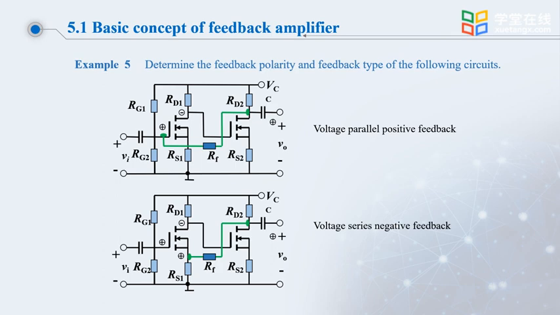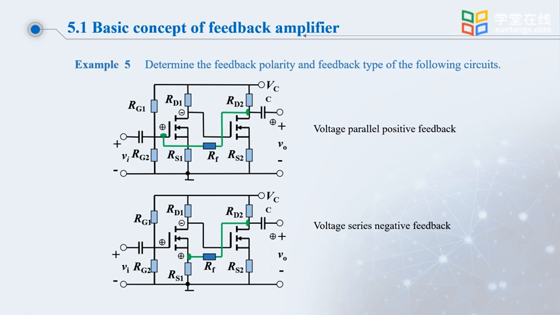This is the potential difference between the grid and the source. The gate-source difference VGS is equal to VG minus VS. VS rises, so VG minus VS is smaller. So the net input signal is weakened. So it's a negative feedback. It's a voltage series negative feedback.